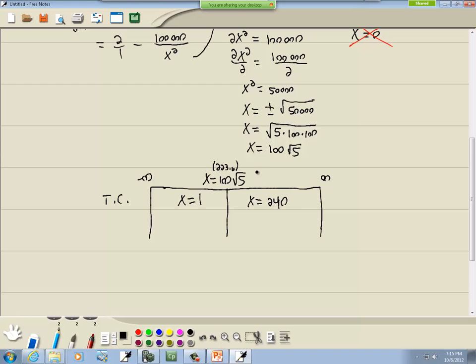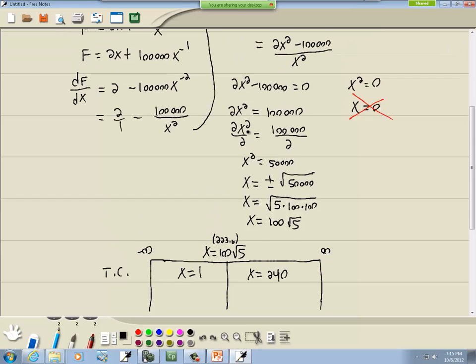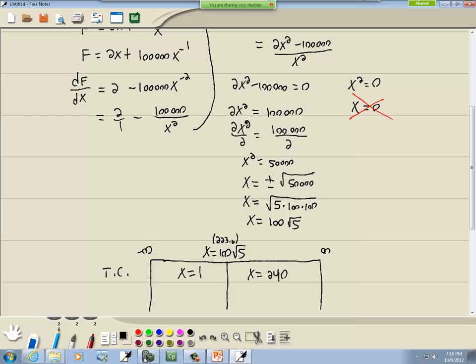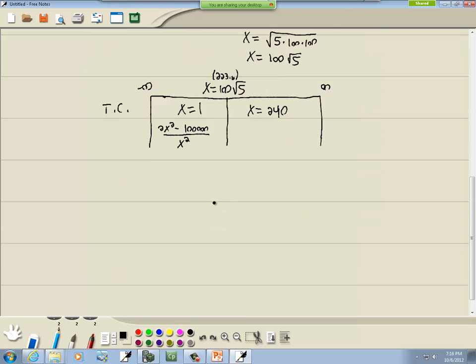Okay, and we want to plug this into our derivative, which was this right up here. So I got 2x squared minus 100,000 over x squared. Now remember, all we're caring about is the sign.